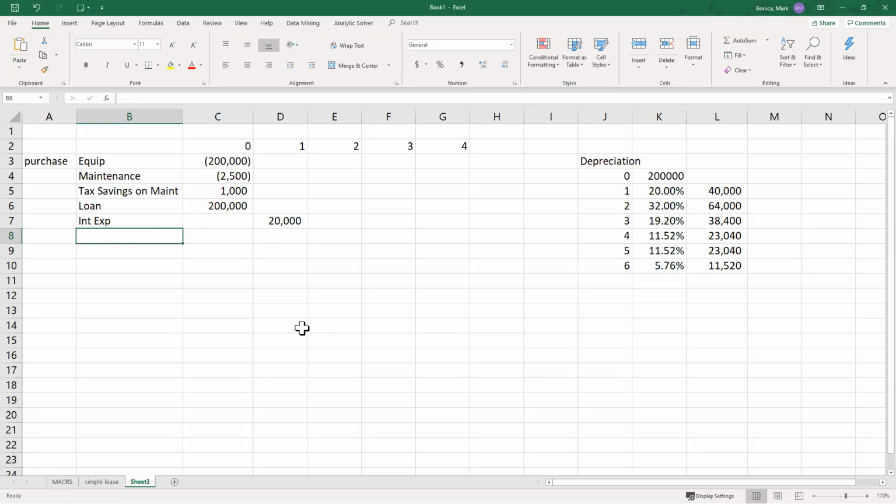Then savings from interest would be negative, and then savings from interest would be 20,000 times 0.4. We would go along doing all that, and at the end, we'd pay back the loan.